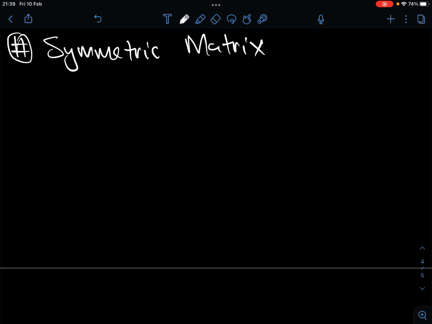So now we want to look also at what we refer to as symmetric matrices. So we have also these special matrices which are referred to as symmetric matrices. So what is a symmetric matrix?